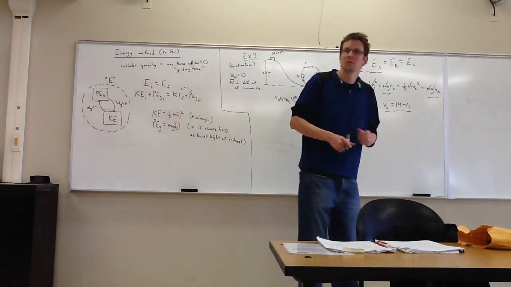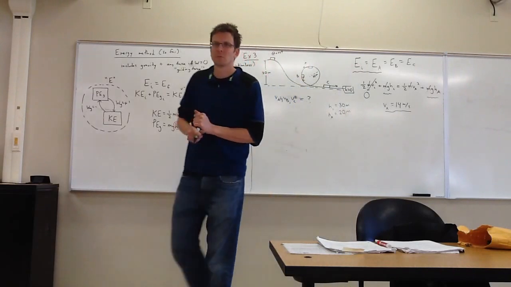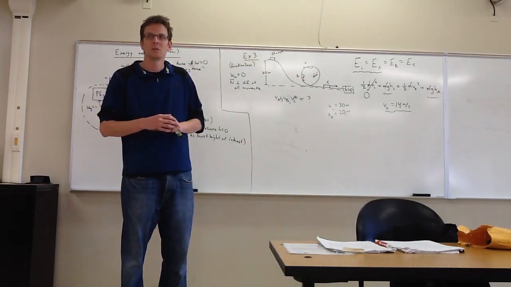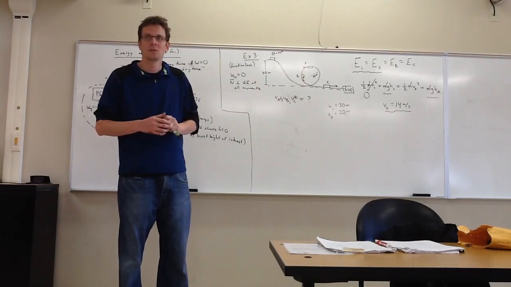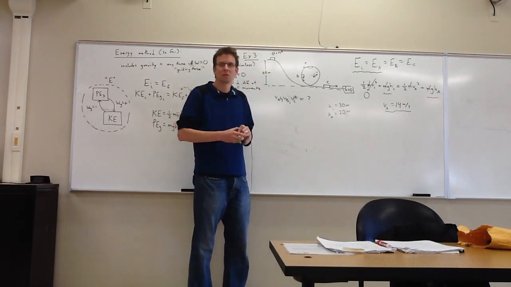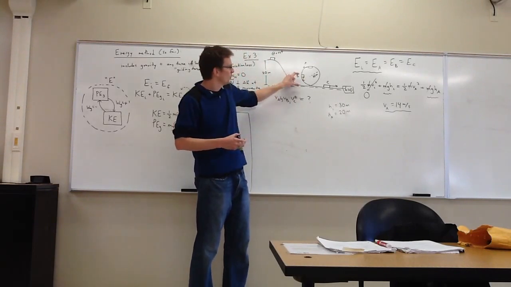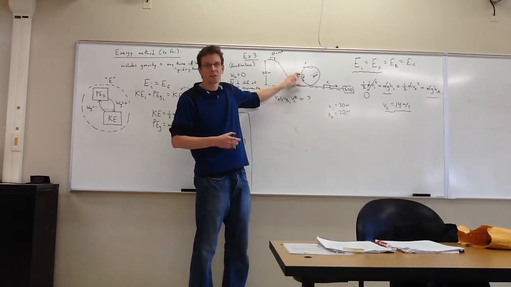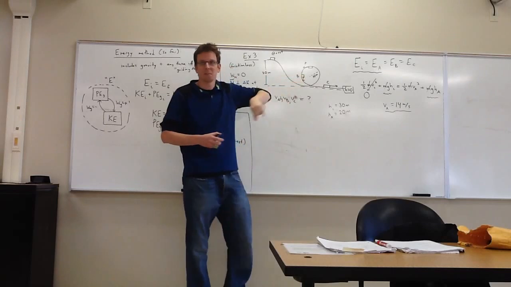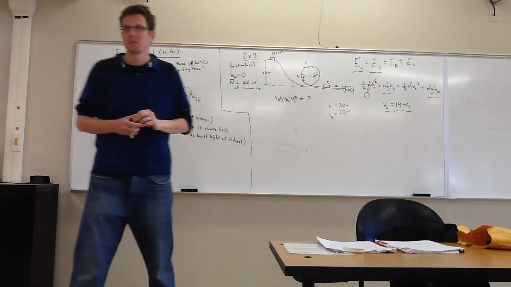Question? I noticed that A is like 20 meters. Wouldn't B be the same thing? Even though it looks lower in the loop, it's kind of the same height, right? Well, this would only be one radius above the ground, so this would be 10 meters above the ground. A is 20 meters above the ground, and B is only 10 meters above the ground.